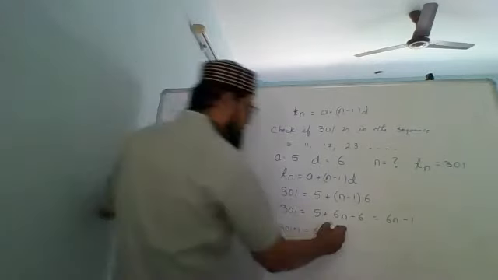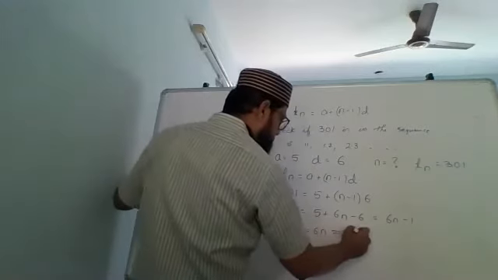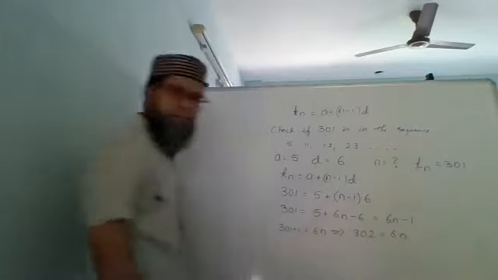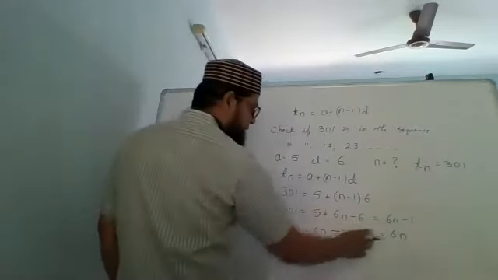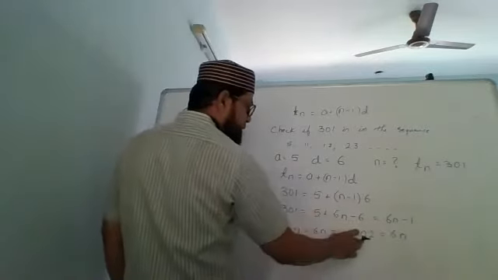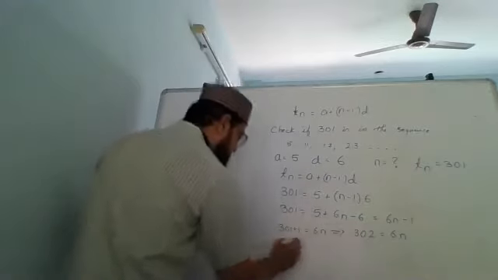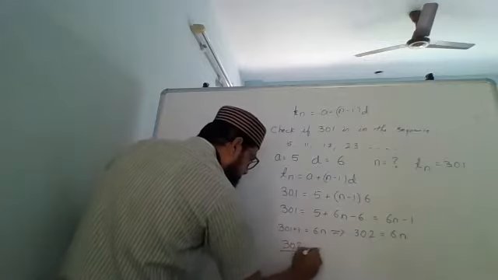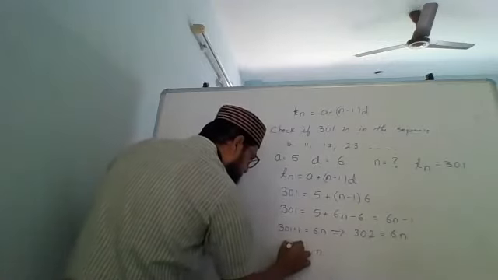301 plus 1 is 302 equals 6n. Bring this 6 this side. Since it is multiplied, this side is going to become divided. So you have 302 upon 6 equals n.